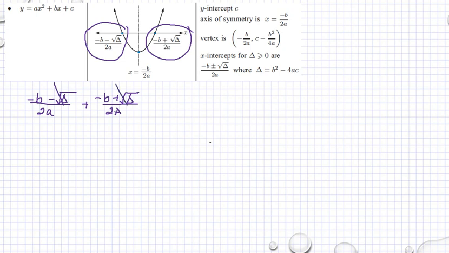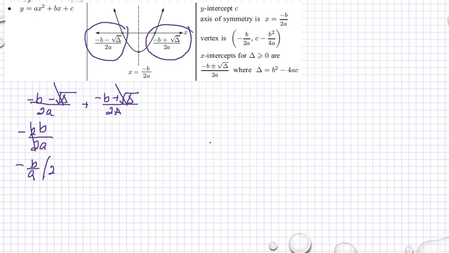Then we have negative 2b divided by 2a, and then negative b divided by a. How do I get the 2 there? You can do that by dividing again by 2.